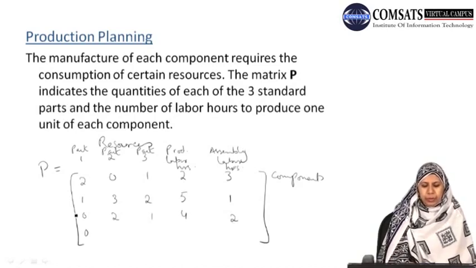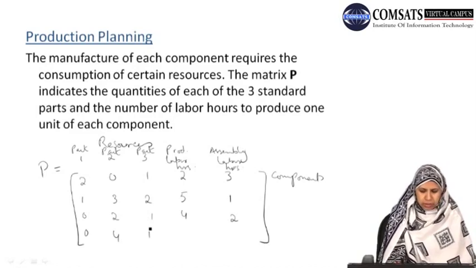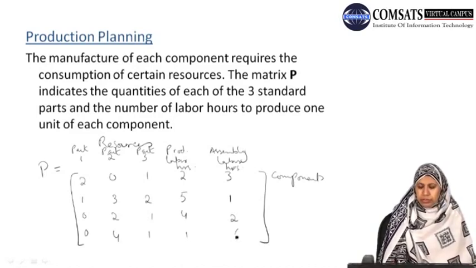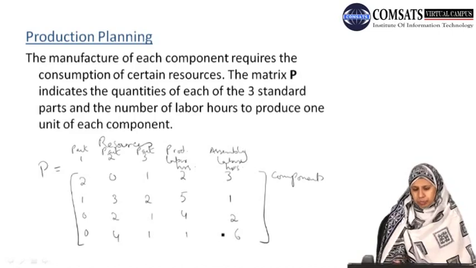Now component 4 requires no unit of part 1, 4 units of part 2, 1 unit of part 3, 1 hour for the production labor and 6 hours for the assembly labor.